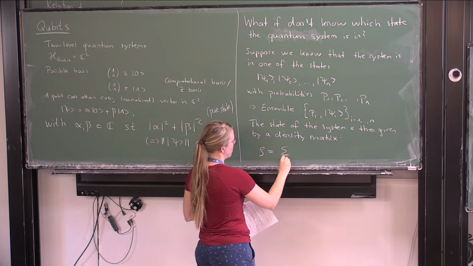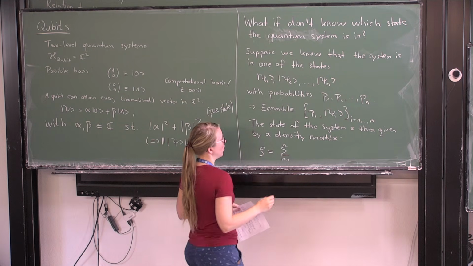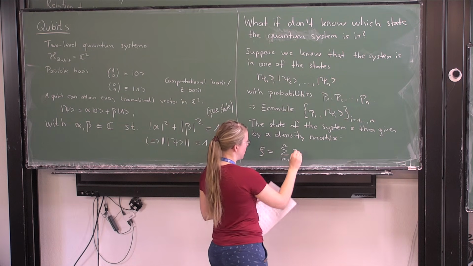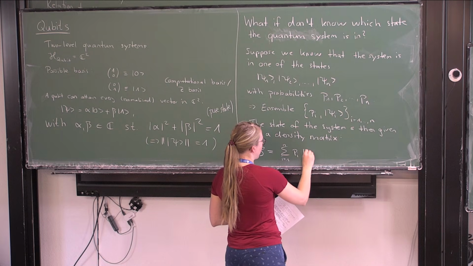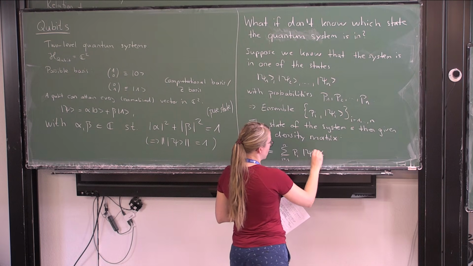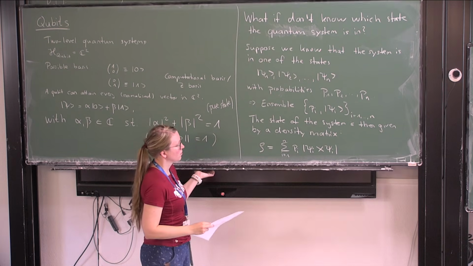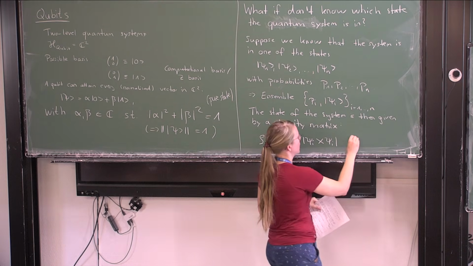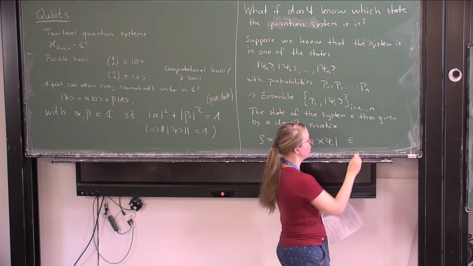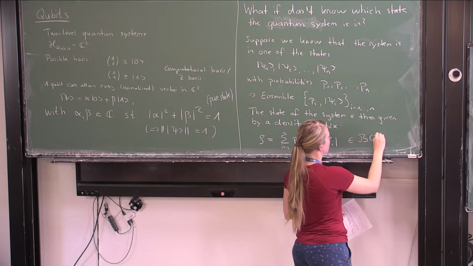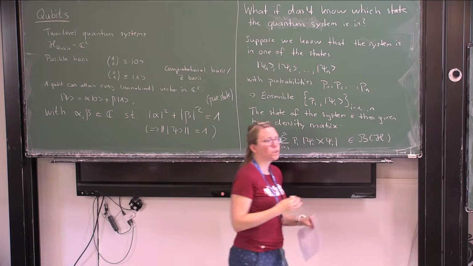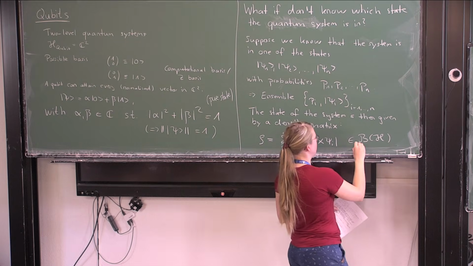You construct it by summing over all the possibilities, weighted by the probability, and you construct an object like this. This object lives in the space of operators on the Hilbert space. This is a bounded linear operator on the Hilbert space.